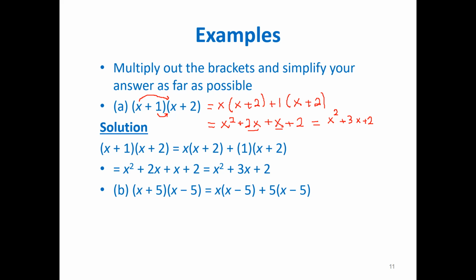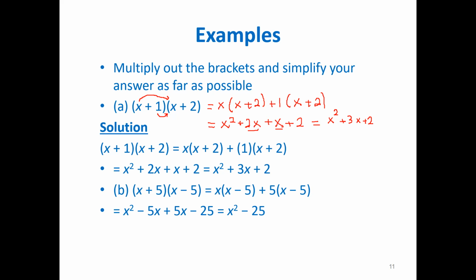Now for the second expression, x plus 5 multiplied by x minus 5 will follow the same law, that is the distributive law. Means x will be multiplied by the whole bracket plus 5 multiplied by the whole bracket. So to expand those brackets, you have to multiply x by x, which is x squared, x times minus 5, that is minus 5x. 5 multiplied by x is 5x, and 5 times minus 5 is minus 25.